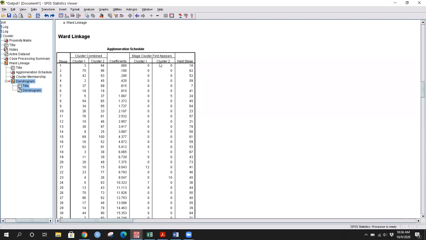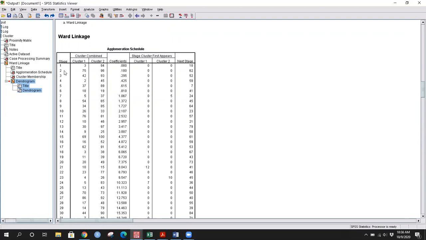So for the agglomeration schedule, my sincere request to you all is that do not find it very difficult. Just look at the stage column and the coefficient column. I'll repeat for you. Stage means the stage at which the cluster first appears. You know that we're really moving ahead from n to 1.